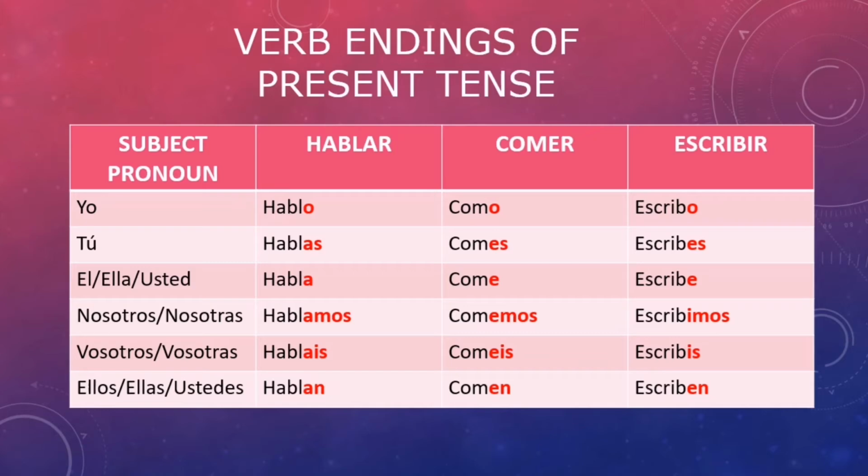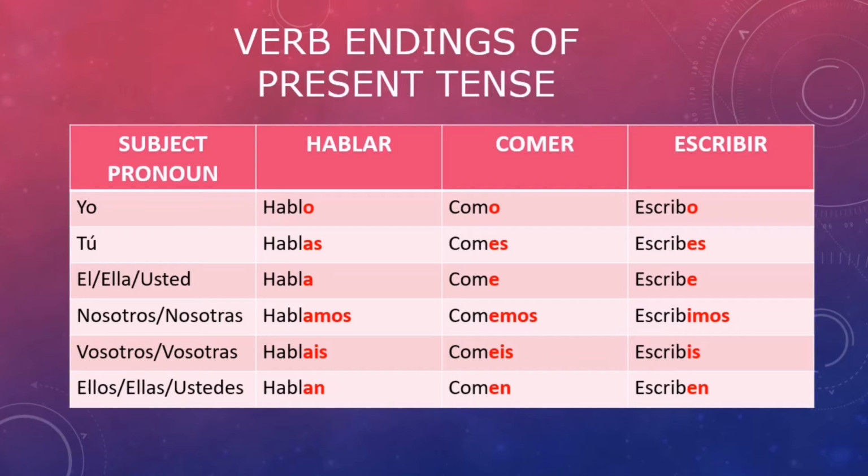In escribir, it's the same. It has verb endings that correspond with the pronoun: o, es, e, imos, ís, en. Alright? You just need to memorize all the verb endings so that you know how to conjugate the verb.